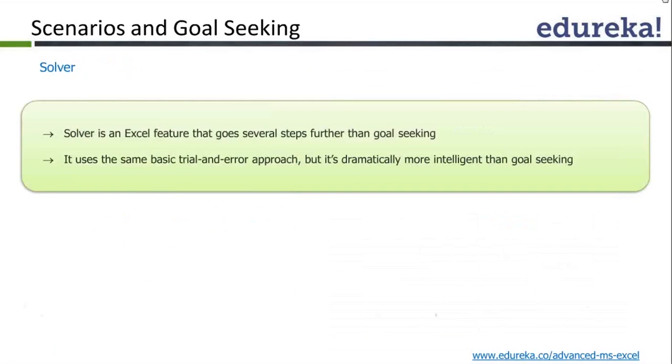Similar to goal-seek and scenario manager, we have another advanced feature in Excel, which is known as solver. Now for solver, you have to take a further step. If you want to use solver, you have to take help of an add-in.